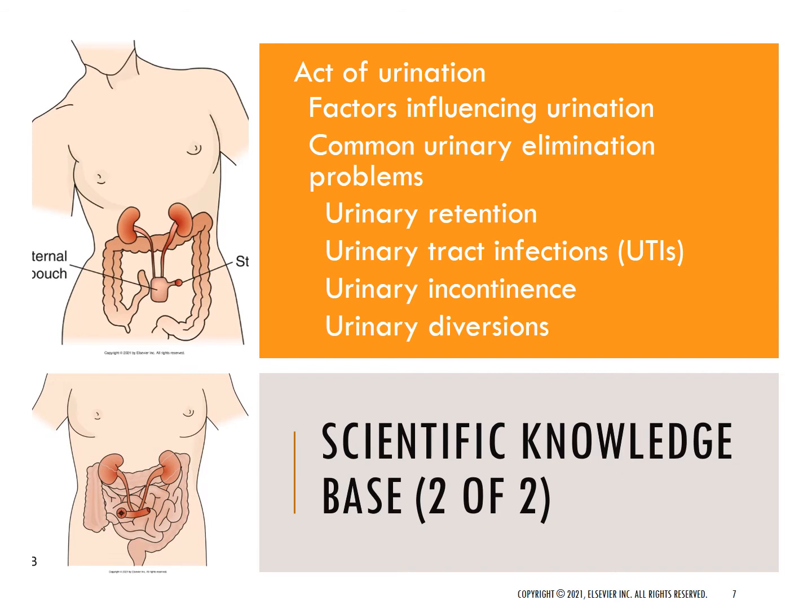You want to have a good understanding of what occurs during the act of urination, the parts of the urinary tract, what functions they perform, what factors are going to influence an individual's urination or cause any elimination problems. And this slide shows 4 common elimination problems that we're going to look at in a little more detail further into the presentation.